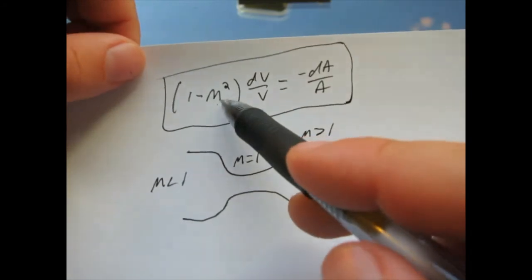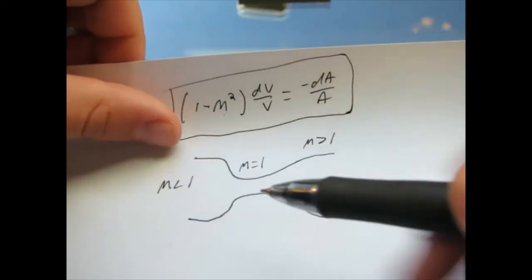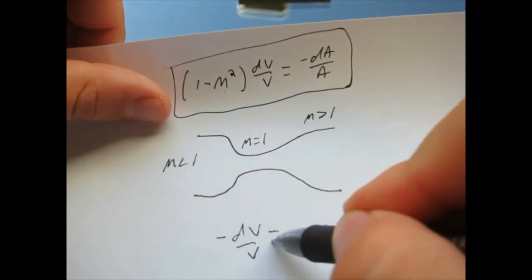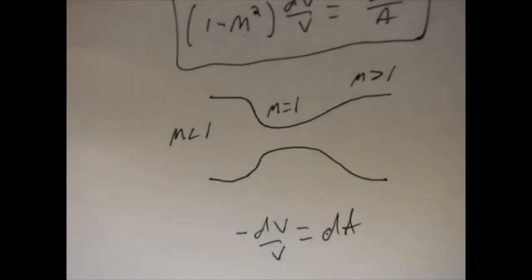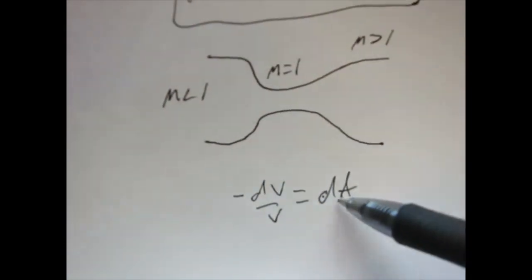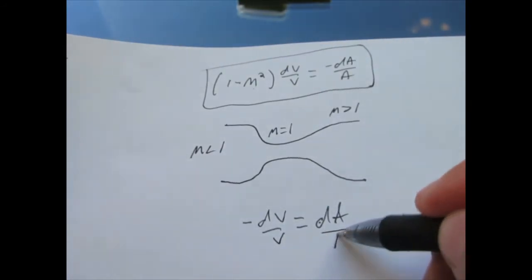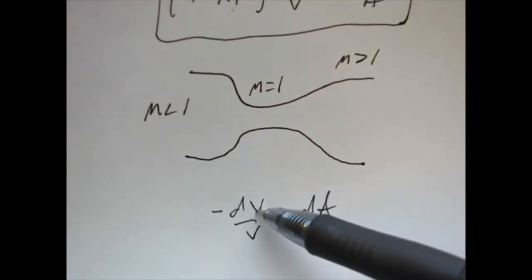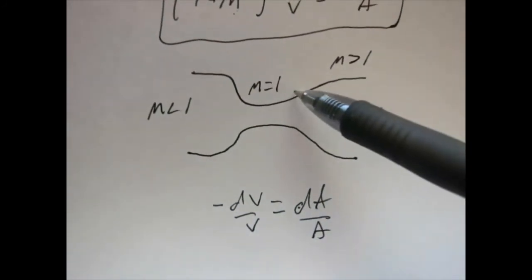Then 1 minus M squared is going to be positive, and then we'll just copy over the negative, so negative dV over V equals dA over A. So this is saying that as our area is increasing, our velocity is going to decrease, which is not a good result for a rocket nozzle that is expanding.